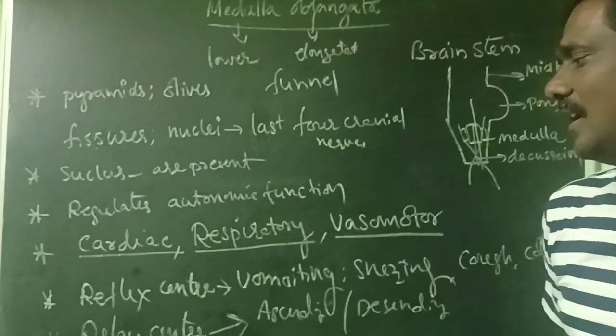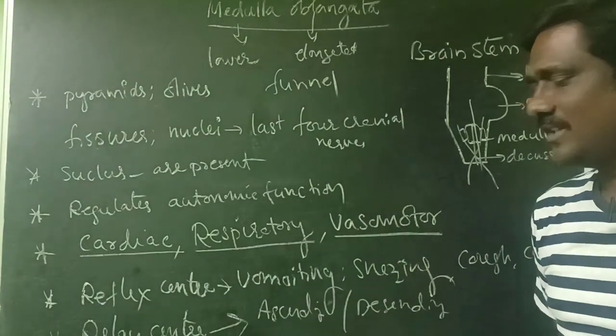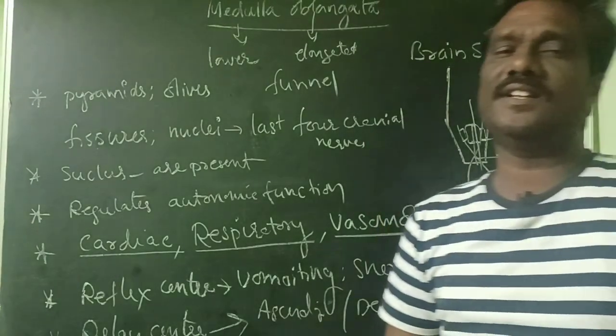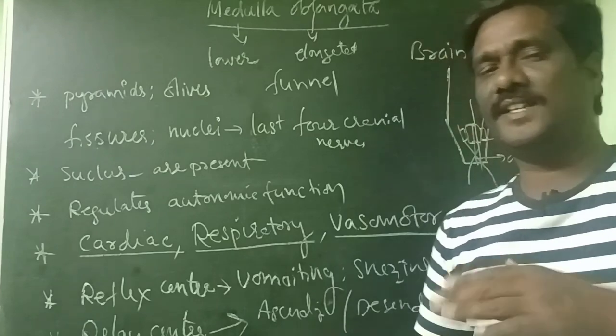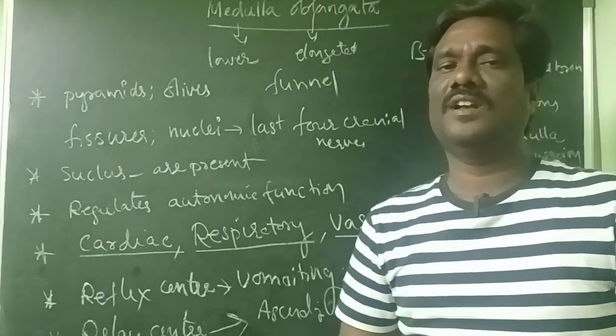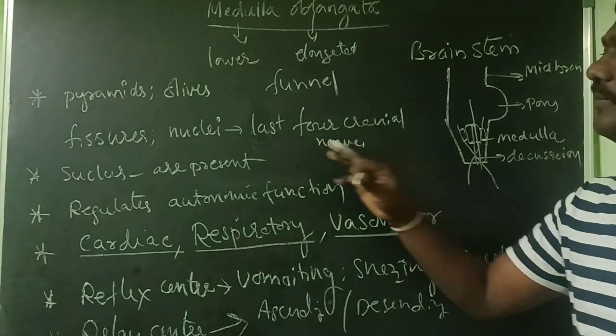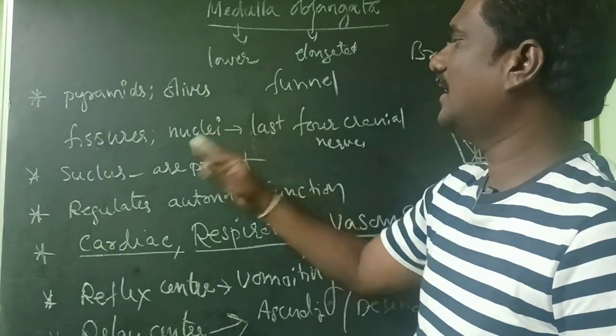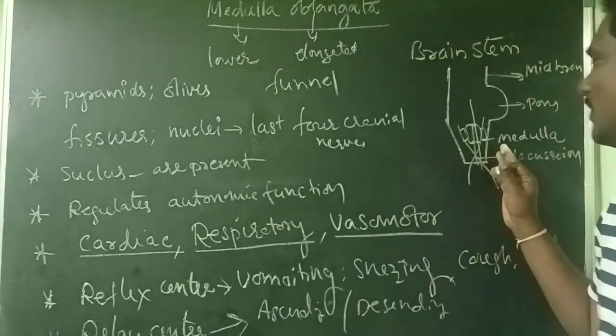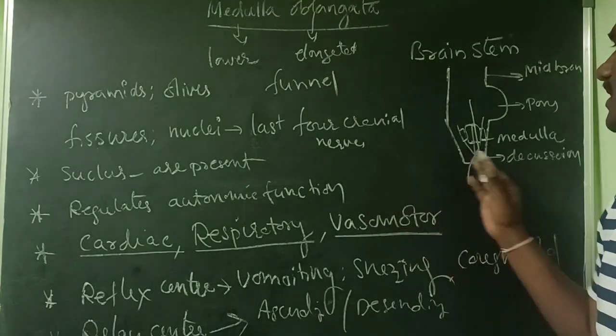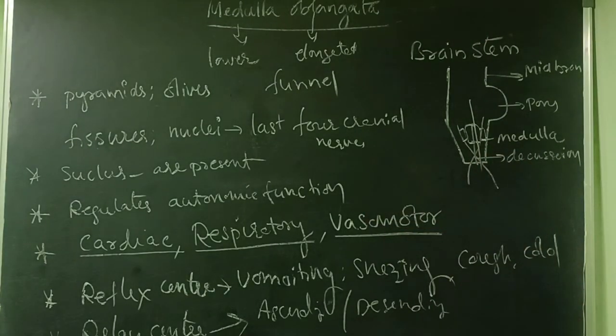Next, it is a relay center for all those nerve bundles, descending and ascending, which move along the medulla oblongata. The pyramids, olives, and decussation, and the nuclei of the last four nerves are all present in the medulla oblongata. This is briefly about the medulla oblongata.